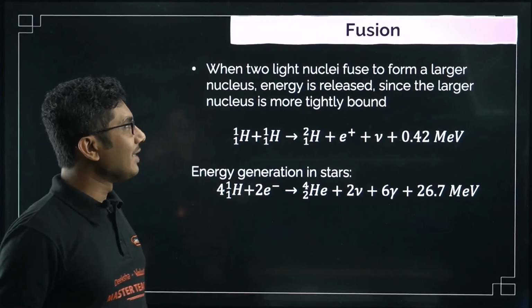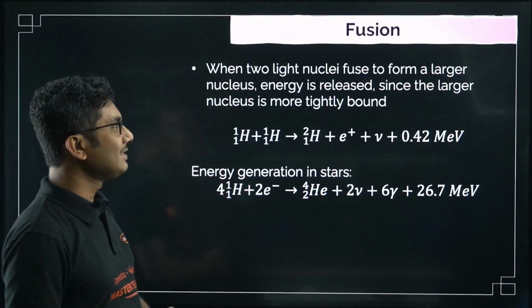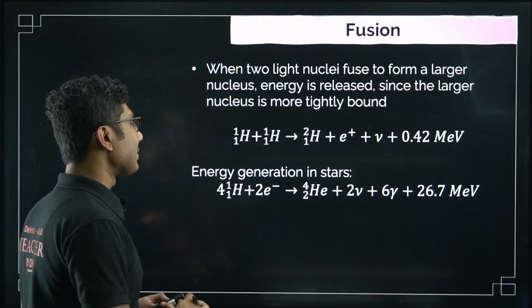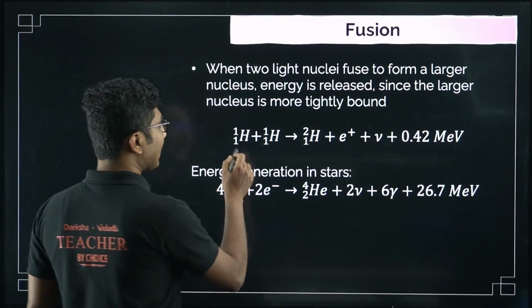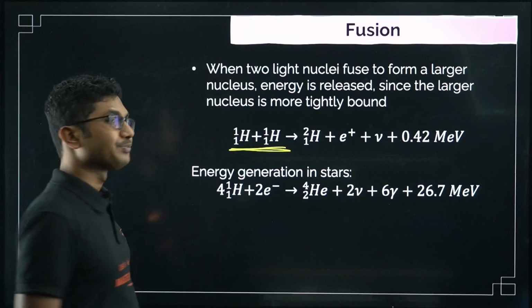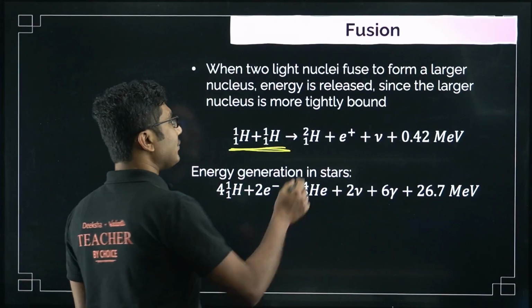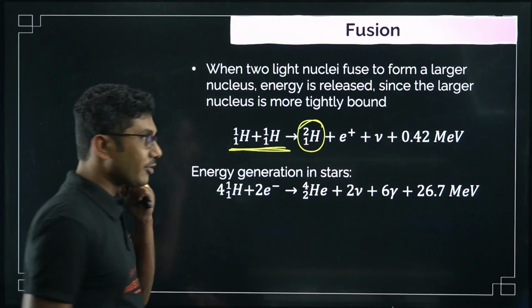When two light nuclei fuse to form a larger nucleus, energy is released since the larger nucleus is more tightly bound. The same example I told you previously. Here one example they have taken: two hydrogen atoms. Under heavy pressure, they can fuse into deuterium. Deuterium is an isotope of hydrogen.